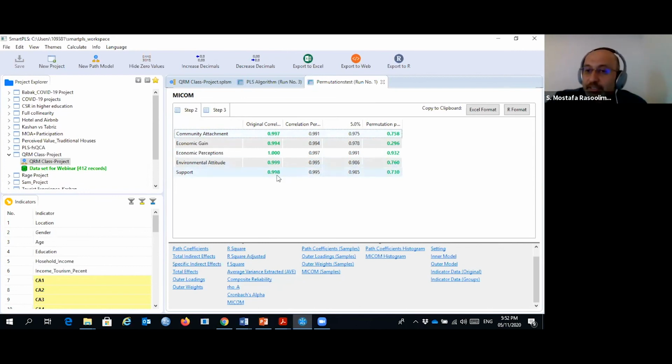The value of this correlation should be, here we have a confidence interval, but we only have the lower level.